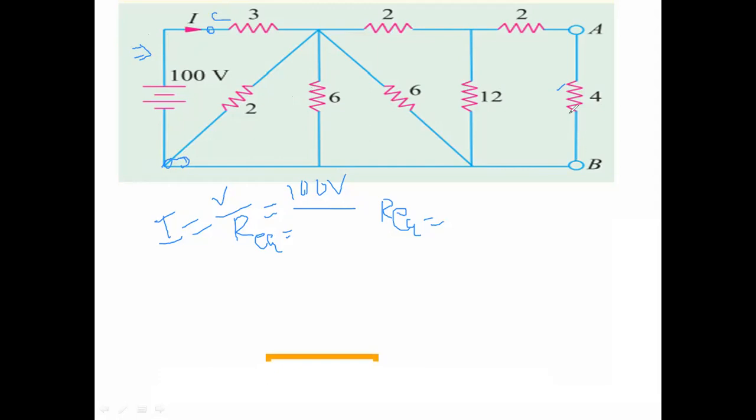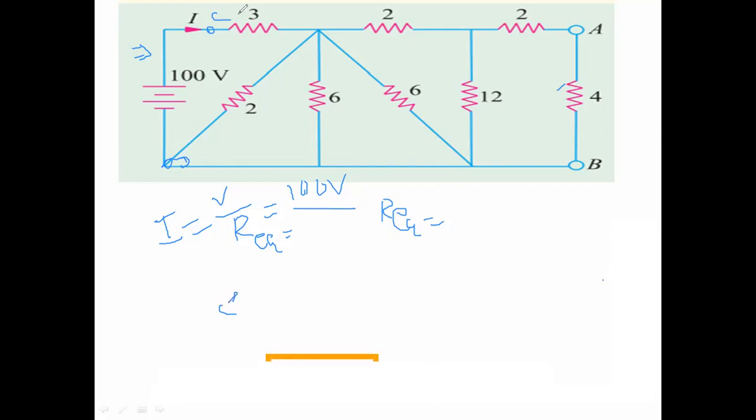From the left side, we have 2 and 4, which are connected in series. I will show you how to observe this clearly. Suppose this is C and this is D; we have to find across these two points.